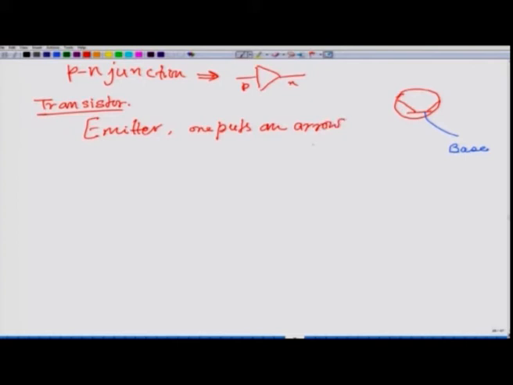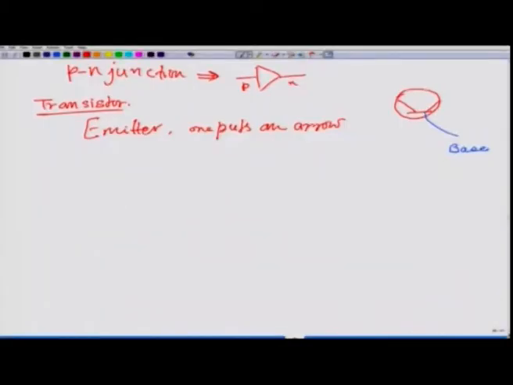And that is how I know which of these two lines is collector and which is emitter. How do I put the arrow? Suppose this is the emitter, and suppose this is the collector.